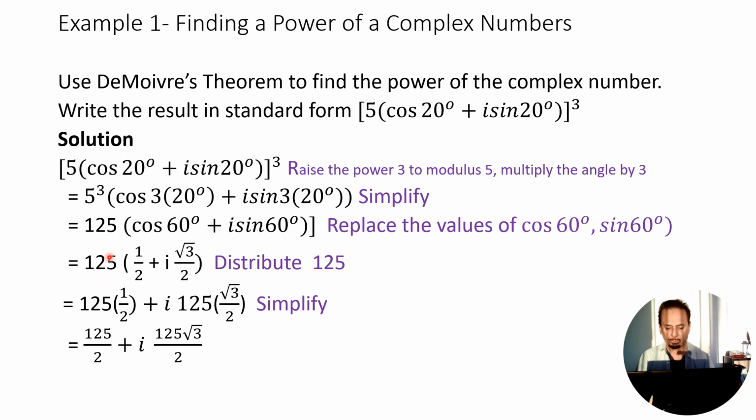So we have 125 times 1/2 plus i times square root of 3 over 2. Now distribute 125. So it becomes 125 times 1 over 2 plus i times 125 times square root of 3 over 2. So it becomes 125 over 2 plus i times 125 square root of 3 over 2. So that's the standard form of the complex number.